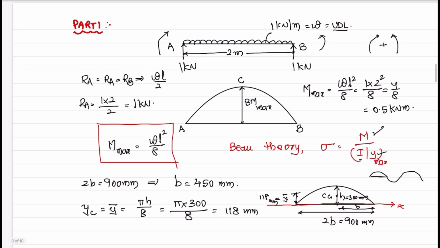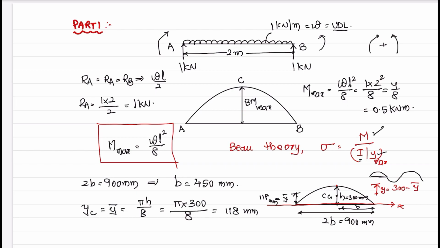Where is the maximum fiber? Maximum fiber is at the highest top. Then the distance between the maximum fiber and the y bar is y is equal to 300 minus y bar.